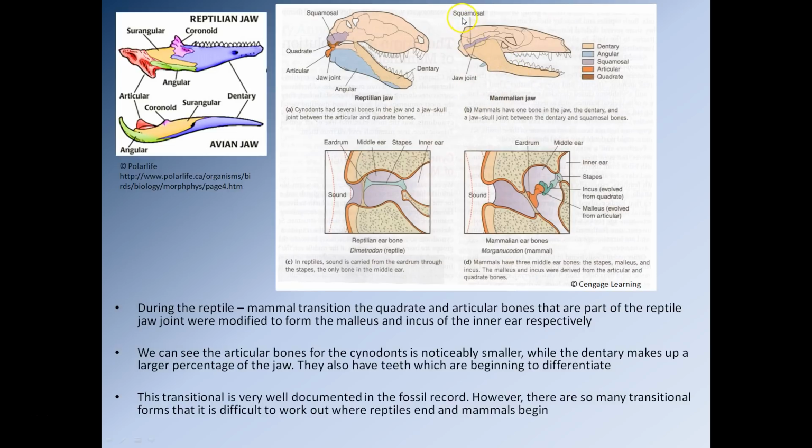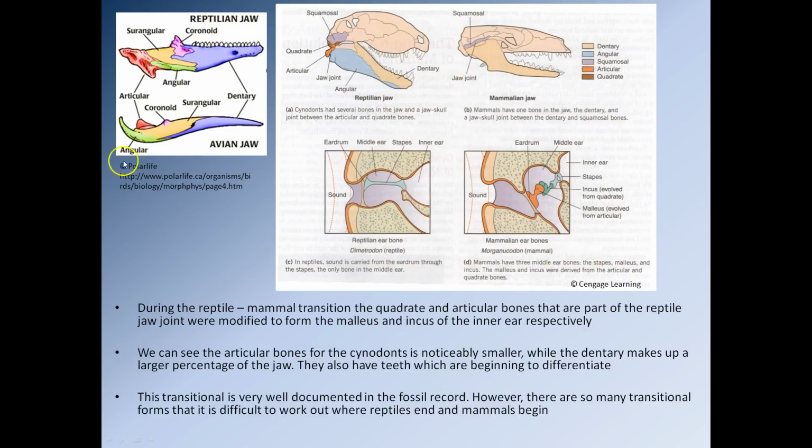Essentially the squamosal, which is not marked out here, there it is, is relatively small on reptilian jaws, and it's still relatively small on mammalian jaws. The angular bone in most mammalian jaws is very, very small.